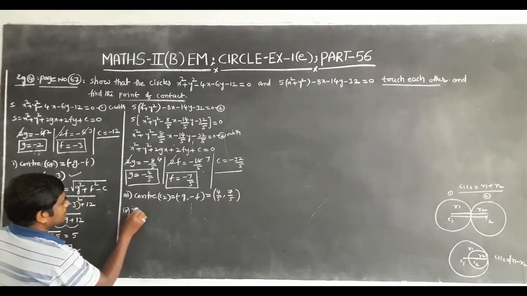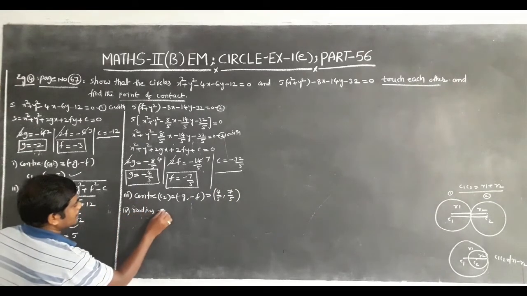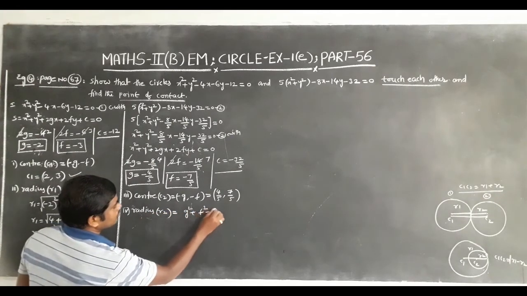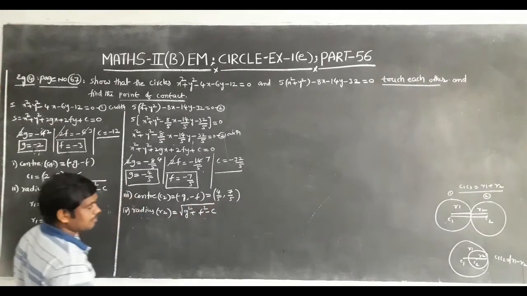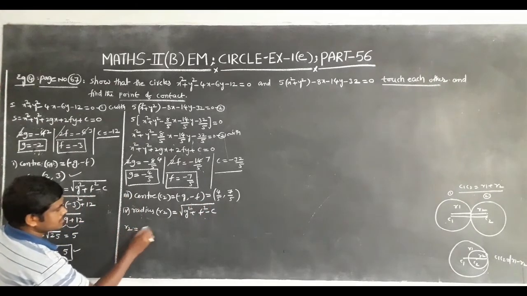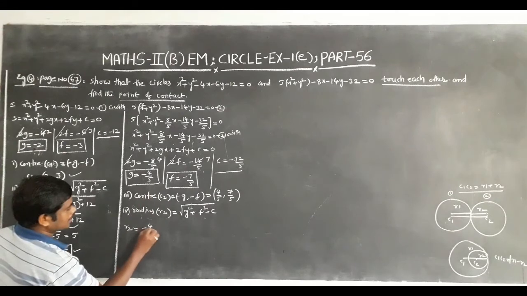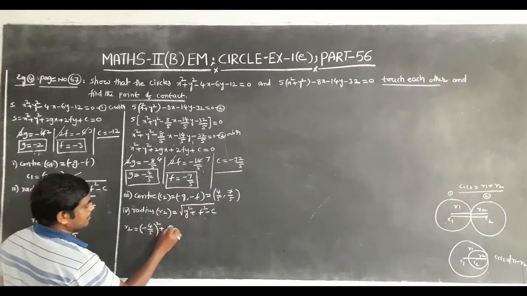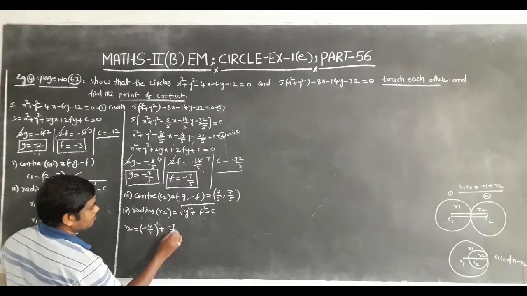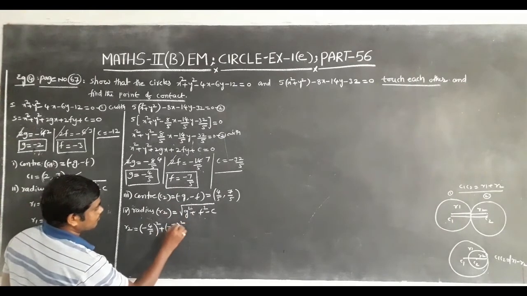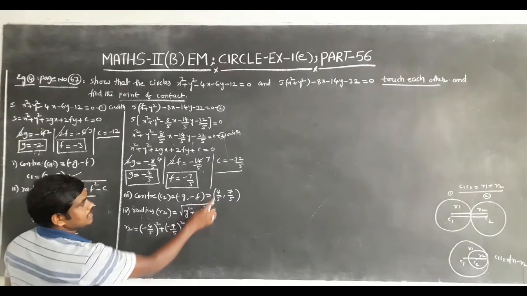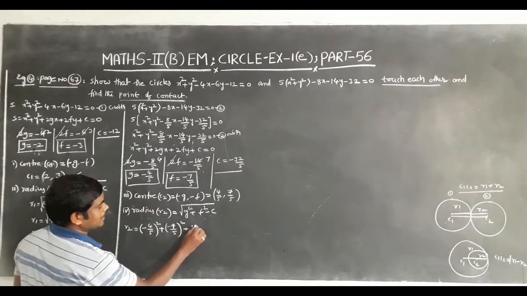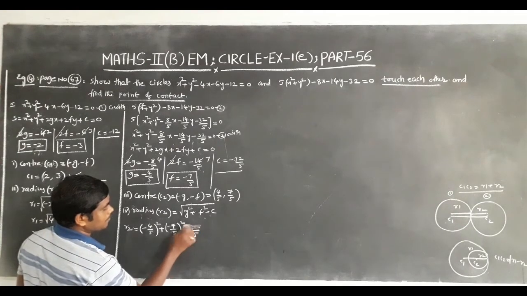Next one, radius. Radius R2 is equal to under root of g square plus f square minus c. R2 is equal to under root of minus 4 by 5 whole square plus minus 7 by 5 whole square minus c, c is equal to minus 32 by 5, minus into minus plus 32 by 5.